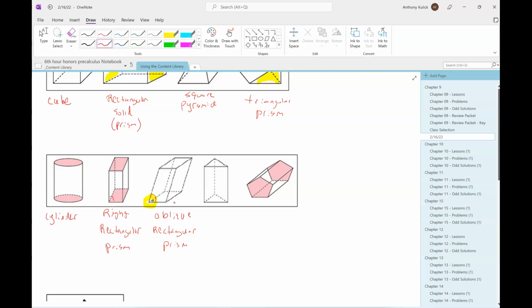So if I take a look at this fourth figure here, could you be a little bit more specific? Right rectangle or triangular prism.